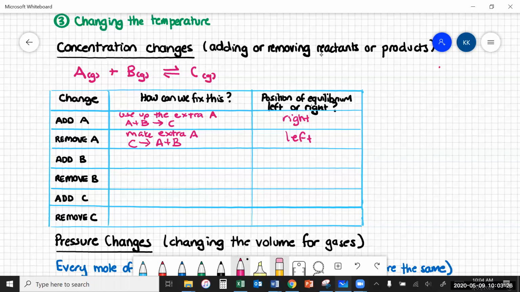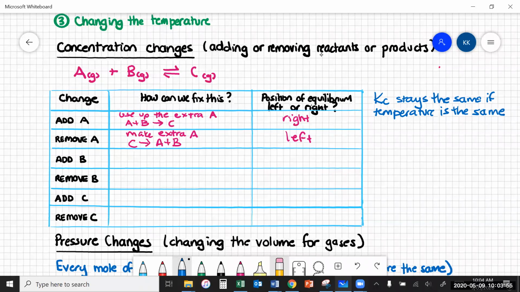How far across to the right or the left is it going to go? Well, the whole point is that Kc, our equilibrium constant, stays the same if the temperature is the same. So the position of equilibrium is going to move across until that ratio of products over reactants comes back to the original value.